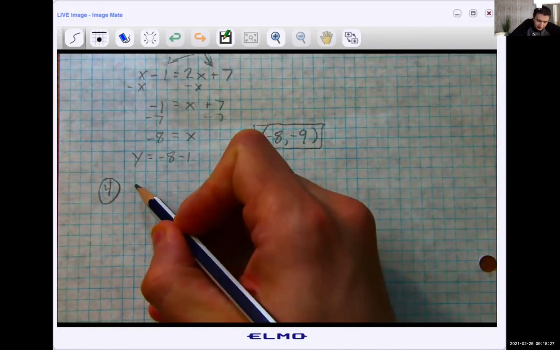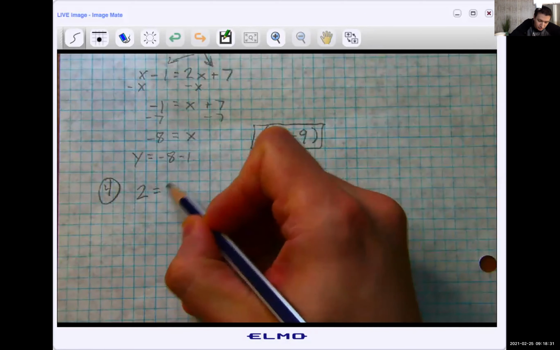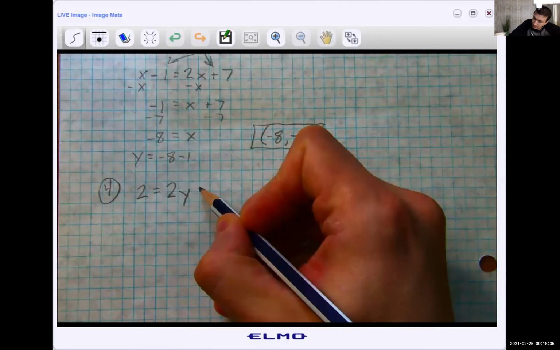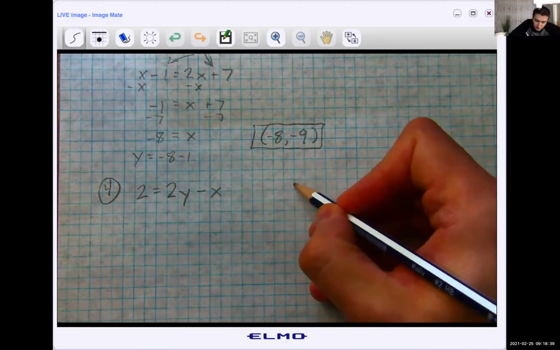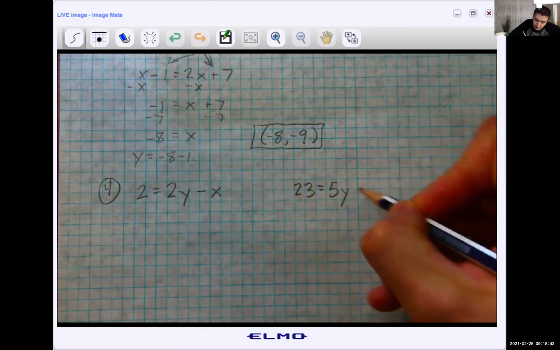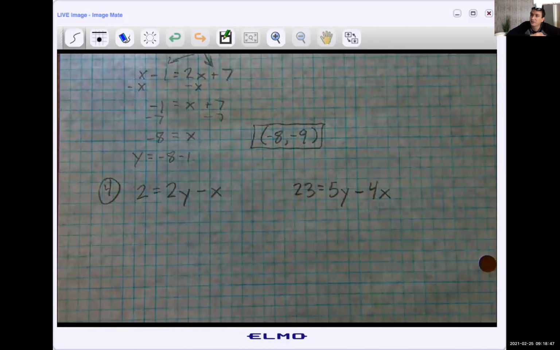Let's say we had 2 equals 2y minus x, and 23 equals 5y minus 4x. Okay, so you're going to have to do a little bit of changing the equations before you can jump in and solve.